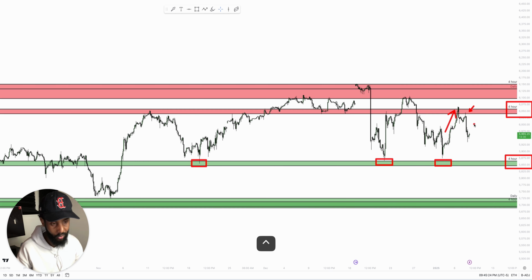So we rejected that 4-hour time frame, and we are trending lower. We would definitely find liquidity there. We would absolutely find liquidity here, where we have a 4-hour and a daily time frame stacked on top of each other. So if we see this, I definitely want to be looking at possible dip buy areas.